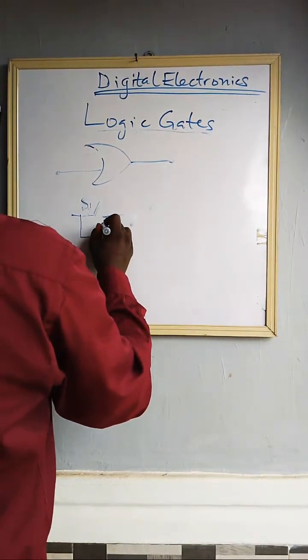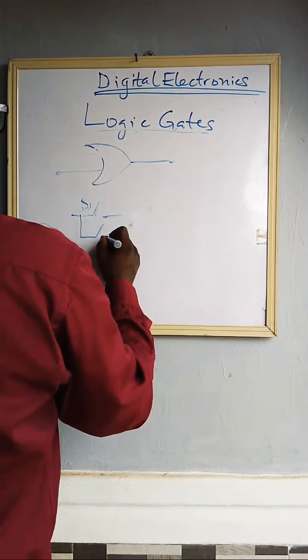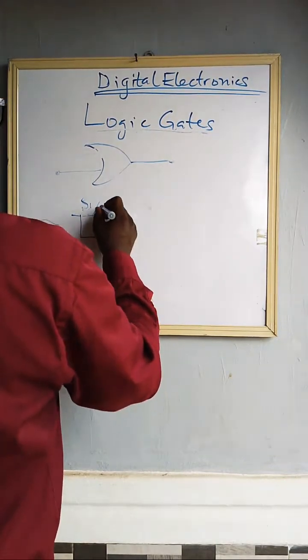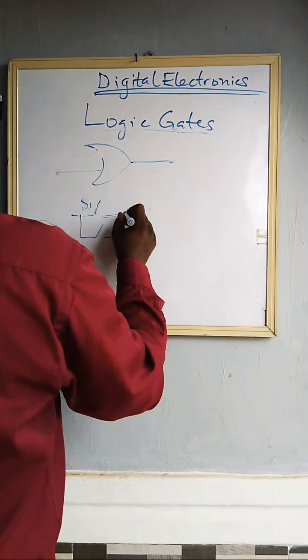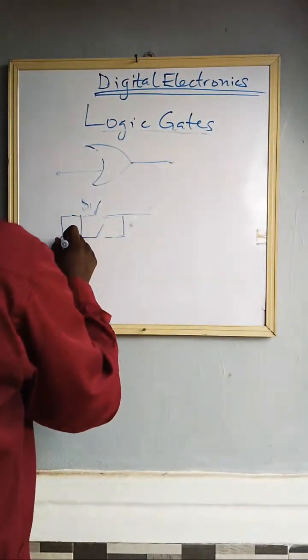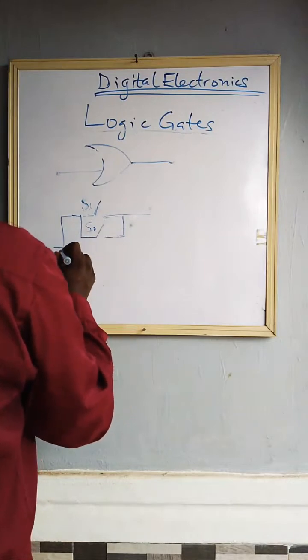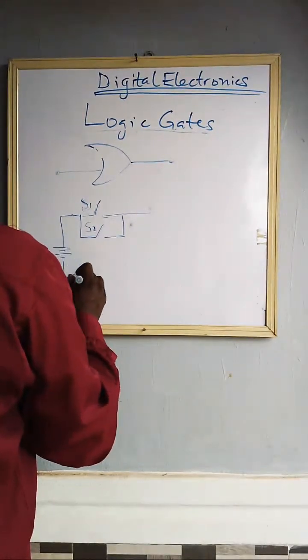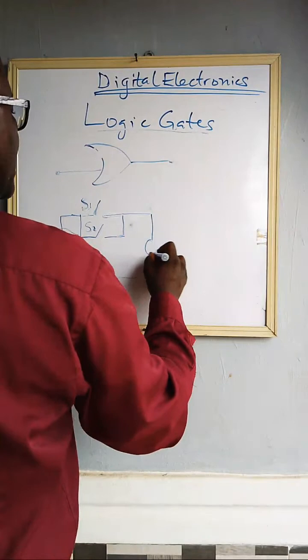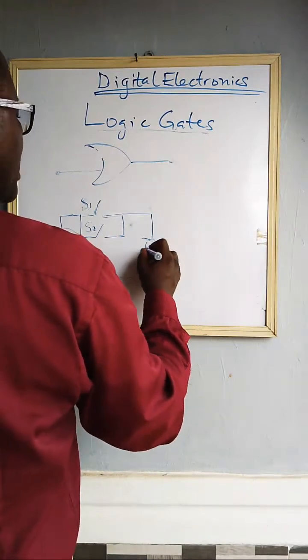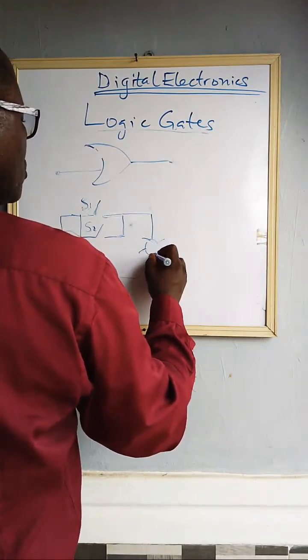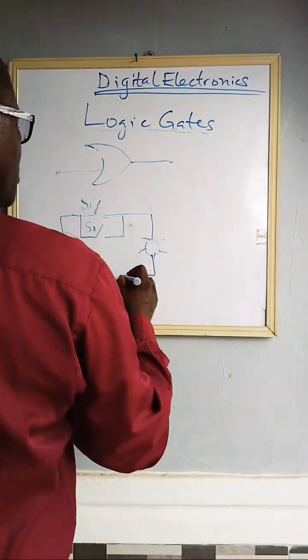We have another switch, S2. The circuit goes this way. We have the source of power here, and we have a load, for instance, a lamp, that we want to turn on in this circuit.